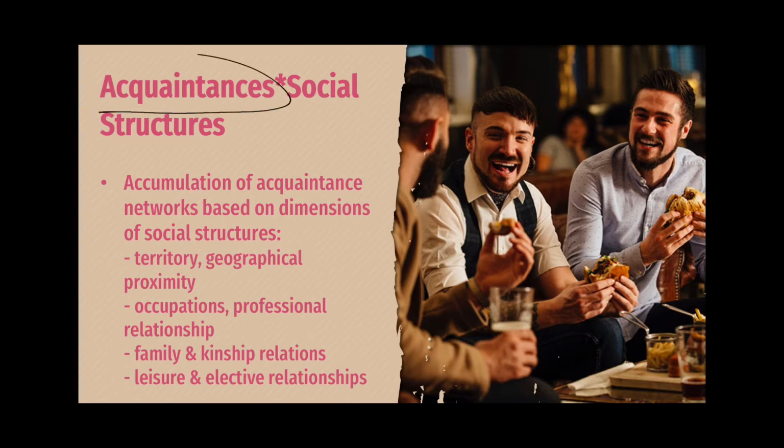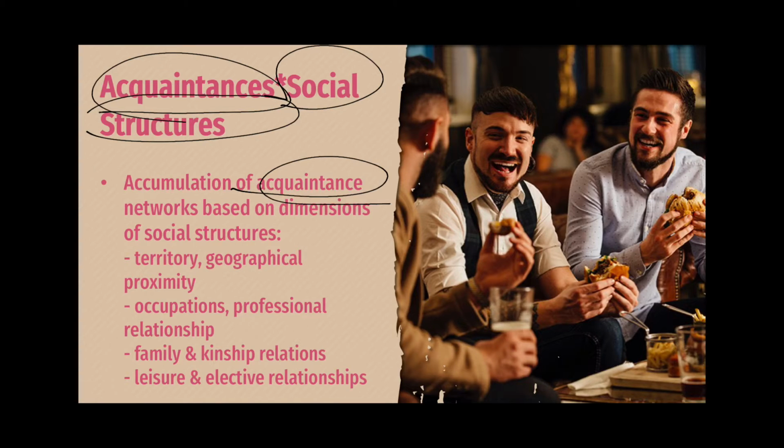That's very important in innovation: the number of acquaintances that you have. When you put math on it and analyze it deeply, acquaintances form social structures, networks that can be predicted in terms of behavior and nature, right?